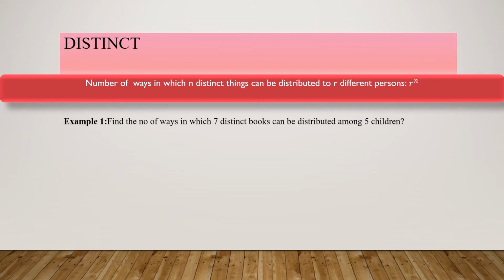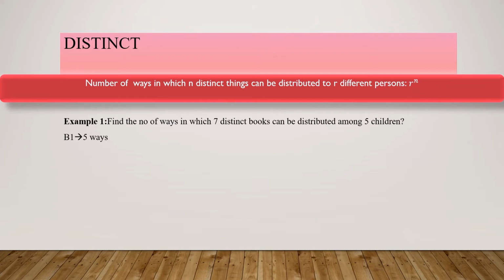Find the number of ways in which 7 distinct books can be distributed among 5 children. So here r is 5 and n is 7. How will we approach this problem? Book 1 can be given to child 1, child 2, child 3, child 4 or child 5.